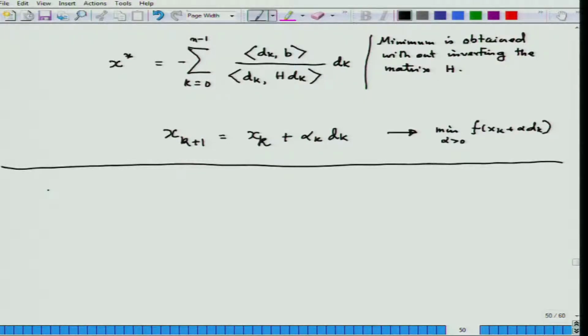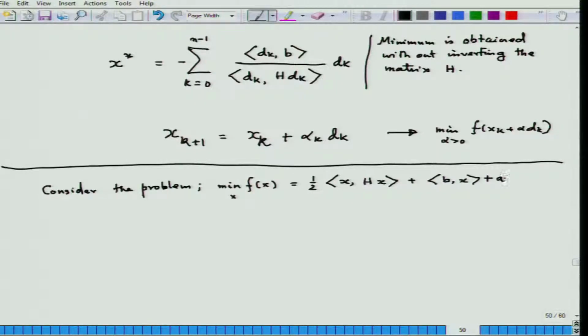So, consider f x, with H positive definite.